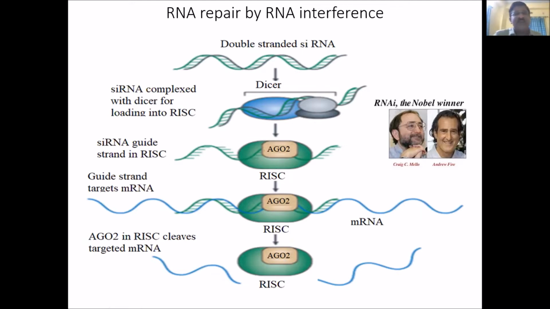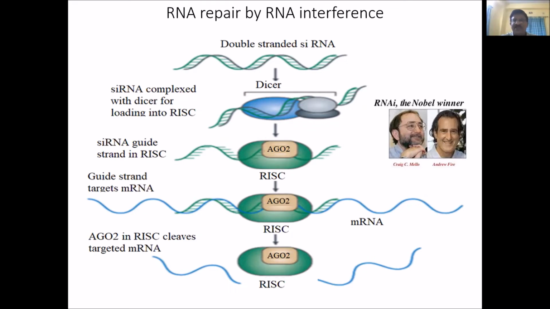Now, when the double-stranded RNAs or siRNAs enter our body, generally they are found in bacteria to defend themselves against viral attacks, and in the present days they have also been discovered in eukaryotes.